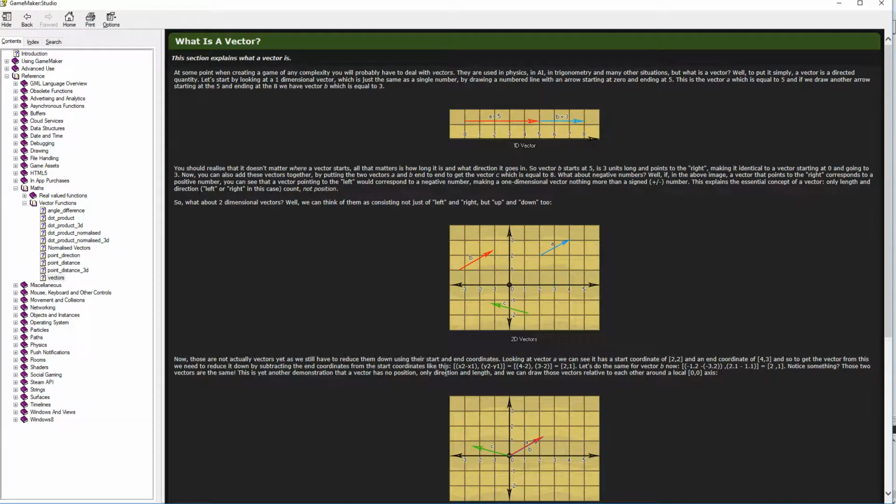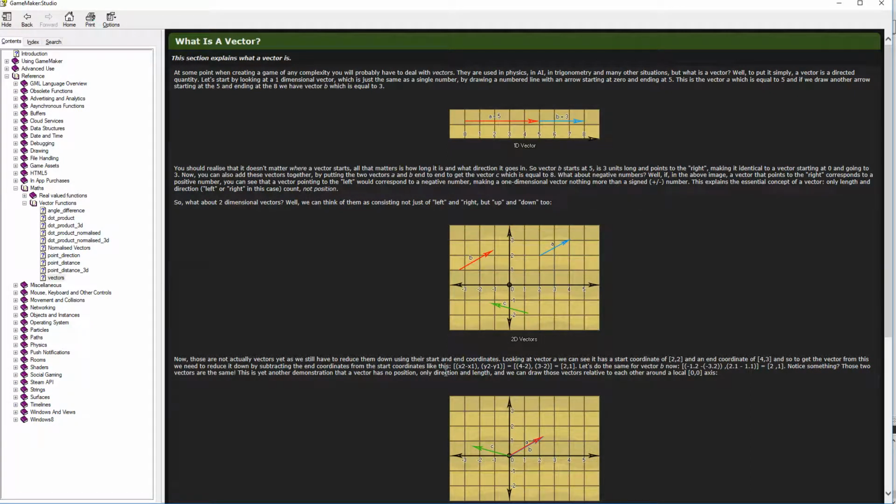Let's start by looking at a one-dimensional vector, which is just the same as a single number, by drawing a numbered line with an arrow starting at 0 and ending at 5. This is the vector A, which is equal to 5, and if we draw another arrow starting at 5 and ending at 8, we have vector B, which is equal to 3.